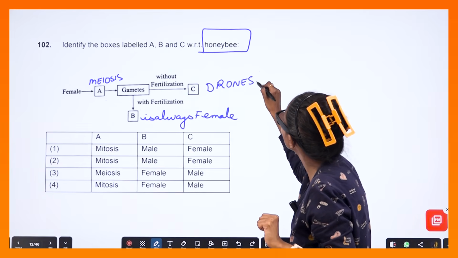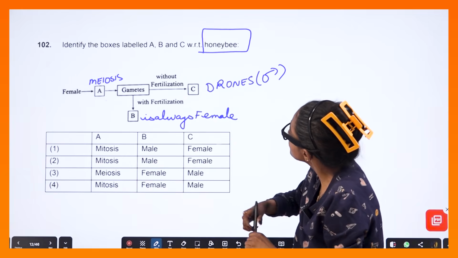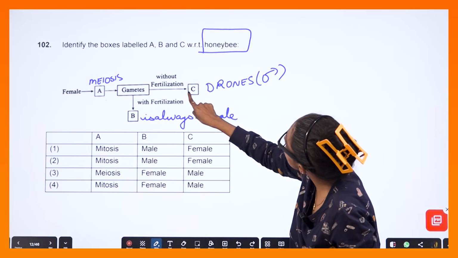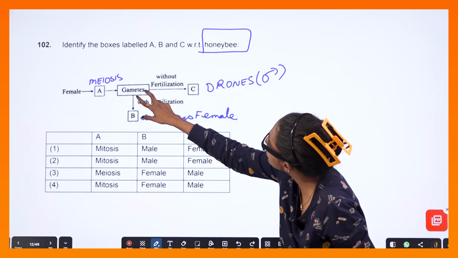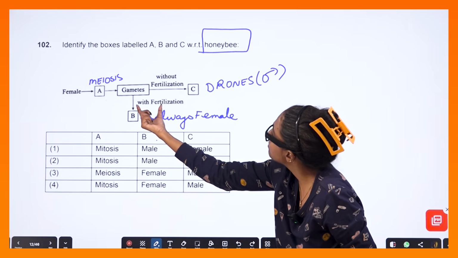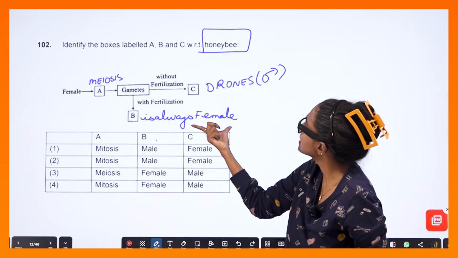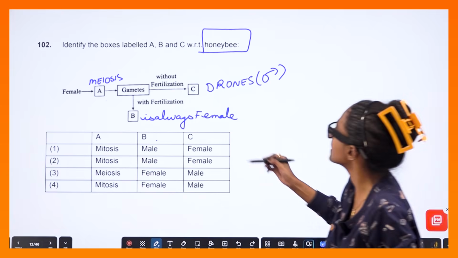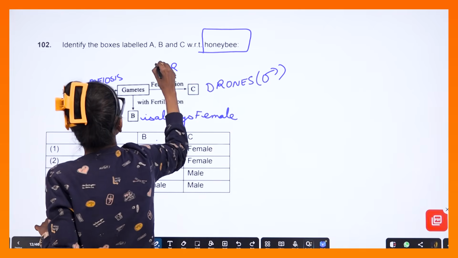Drones, males. So if C is drones, males, that means sperms produced by them will come and fertilize the egg, producing the diploid female. That means this orientation is fine. And this is nothing but parthenogenesis.